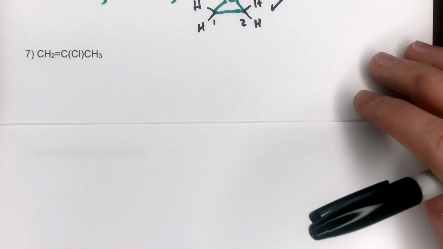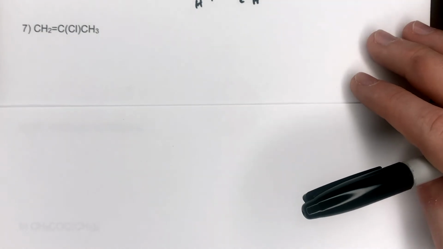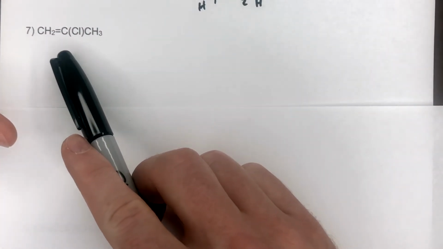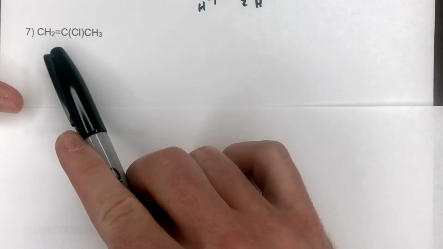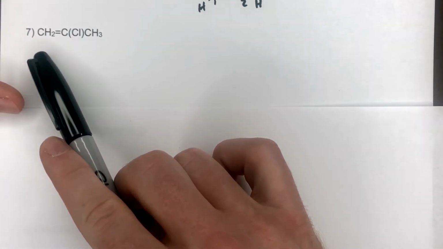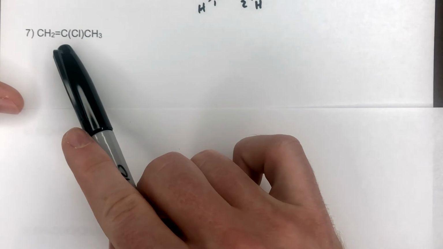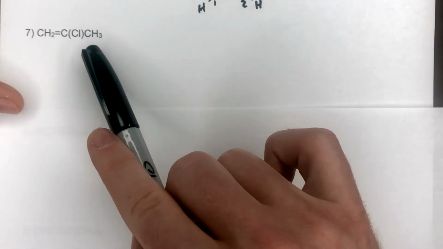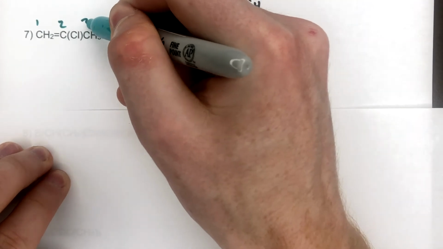Okay, let's look at the next example, number 7 here. So we have a CH2 and then double bound to this carbon. That's what this equal sign looks like. So it's a carbon double bound to this carbon. Then this carbon is bound to a chlorine and to this methyl group. Right, so our chain of carbons is 1, 2, 3.